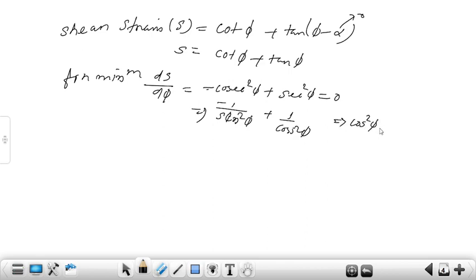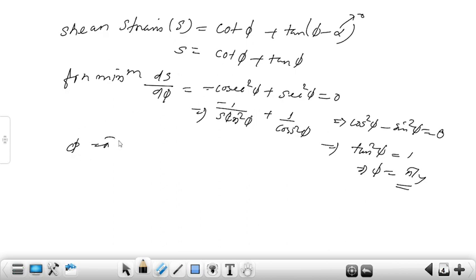So cos square phi minus sin square phi is equal to 0 and tan square phi is equal to 1, phi is equal to pi by 4. So for minimum shear strain, phi is equal to pi by 4.